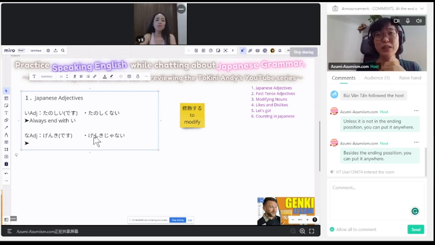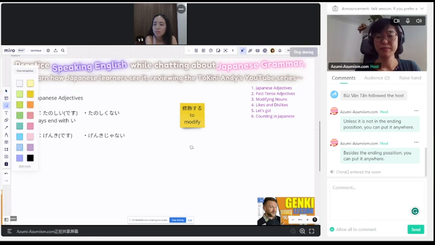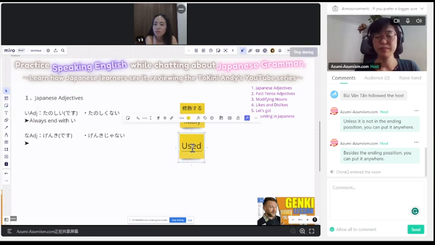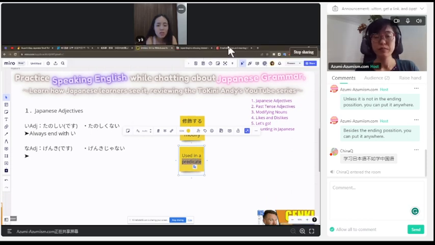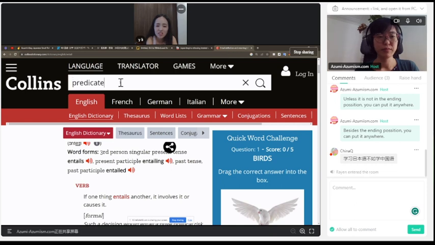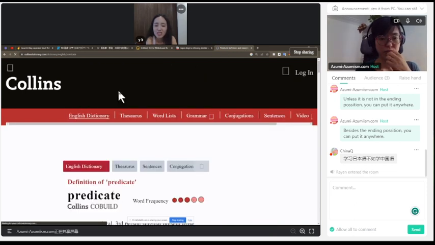But anyway, I think it is really important to talk about these two differences: used in the predicate or modifying a noun. Predicate 何ですか? Predicate.